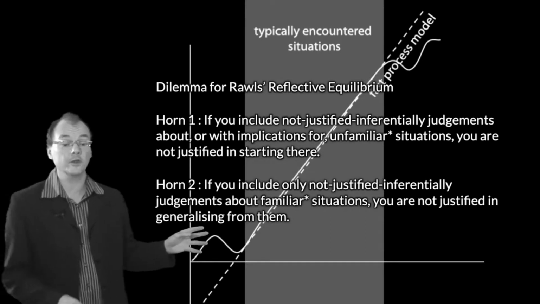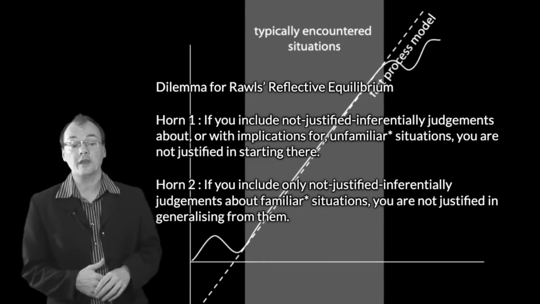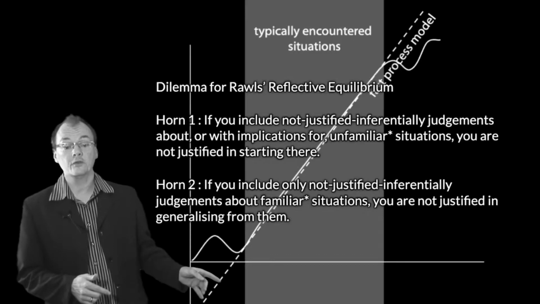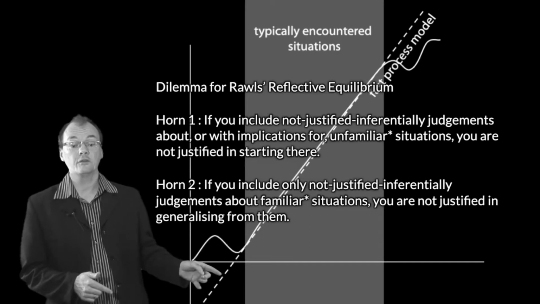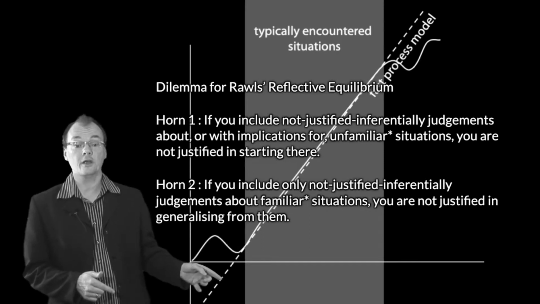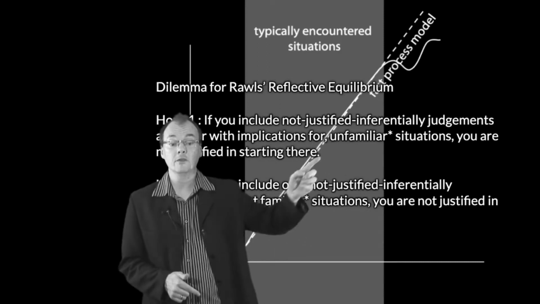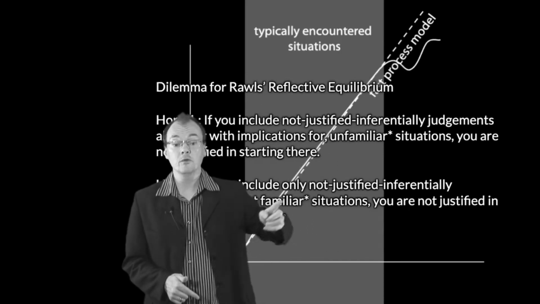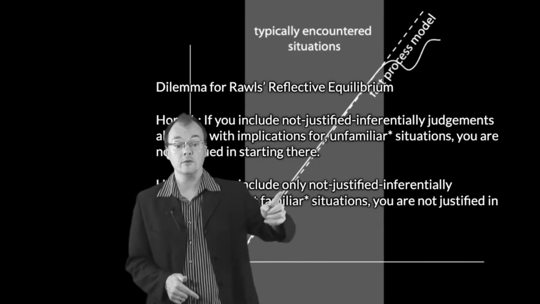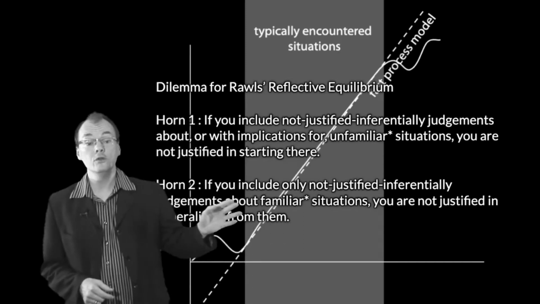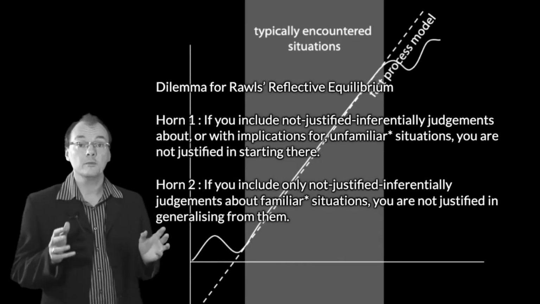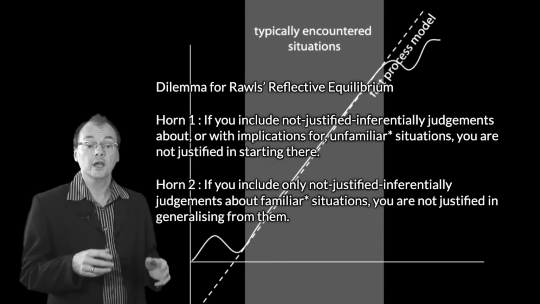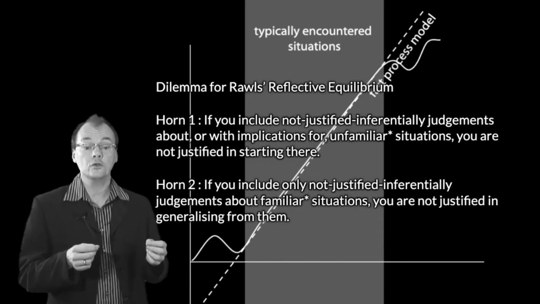So the concern here, this is very crude, I don't think this is the full extent of the argument, but the concern in effect is, either we're taking points from outside of the typically encountered situations, and then we're taking our data points as on the straight line, which is giving us a large margin of error to start with, or alternatively our data points are coming in from only the typically encountered situations, so then we've got a low margin of error to start with, and we're justified in accepting the starting data points, but we're not justified in generalizing beyond the typically encountered situations. Either way, the method of reflective equilibrium, as Rawls characterizes it, is not a good method for us to use.